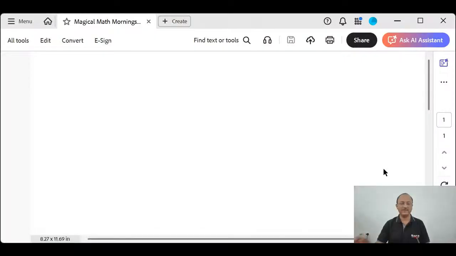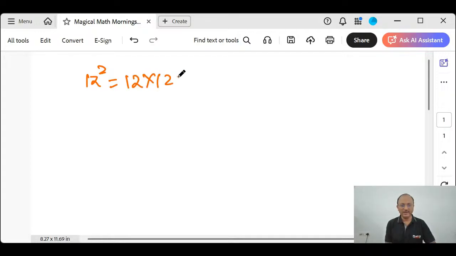That is, 5 square means 25, 5 into 5. 6 square means 6 into 6, 36. 8 square means 8 into 8, 64. 12 square means 12 into 12, that is 144. This is called squares. And normally I recommend everyone to learn squares up to 20. If you know the squares up to 20, it is always good and it will come in handy when you want to do quick calculations.